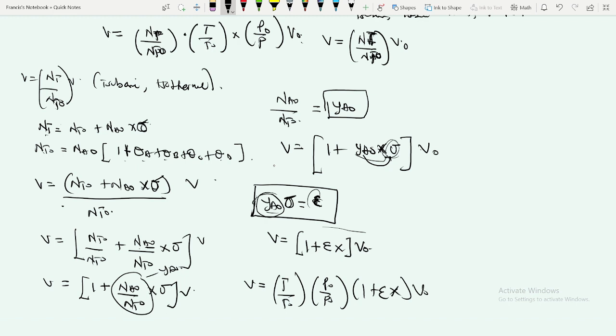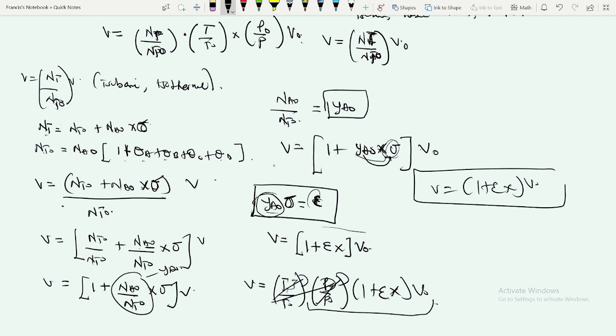So if it is isothermal, this part goes and I left it to this. If it is isobaric, this part goes and I left it to this and this. If it is both isobaric and isothermal, both of these go and I left V is equal to 1 plus epsilon x V naught. So this is also what I wanted to establish.